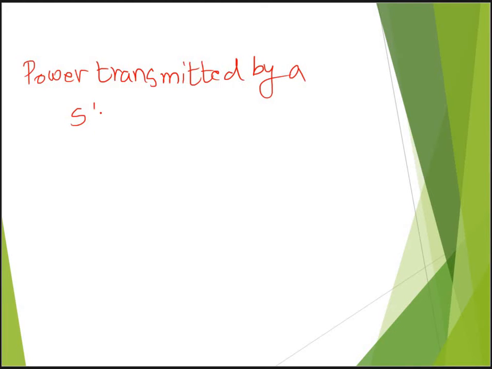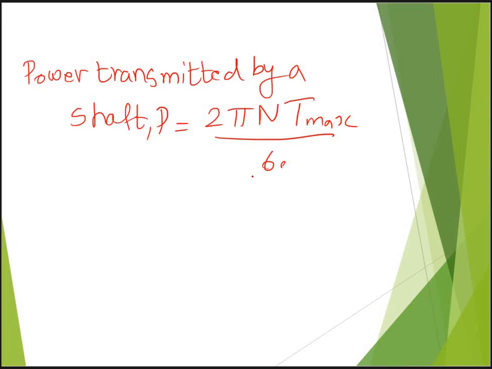So we know the expression: power transmitted by a shaft is equal to 2 pi n T max by 60, or T max is equal to power transmitted P into 60 divided by 2 pi n.